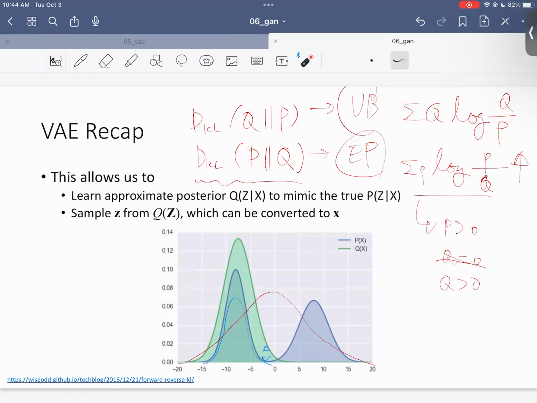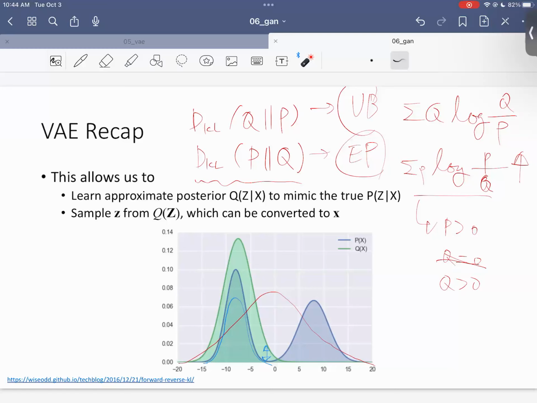This diagram is neither this nor this. The actual PQ will look like this guy, and QP will look like this guy. Obviously it's up to you to decide which one you want to use.